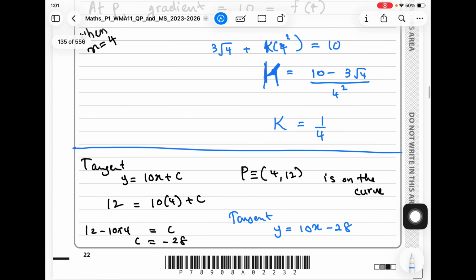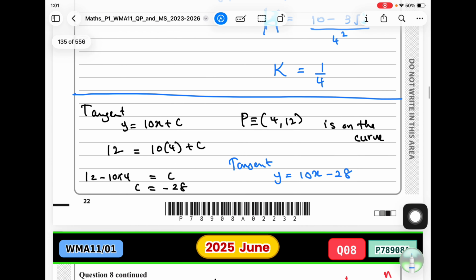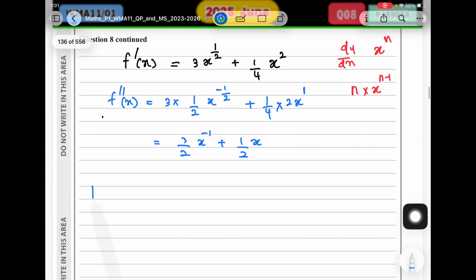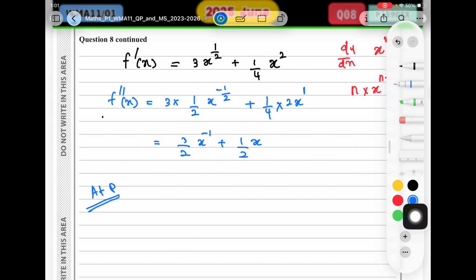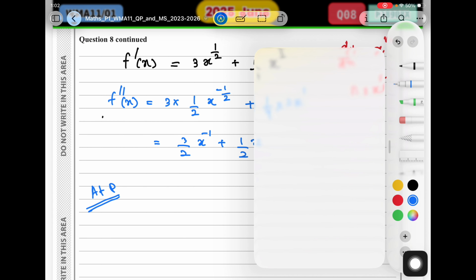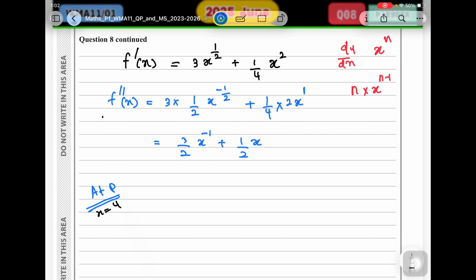And then they ask at P. What does at P mean? At P means x is going to be 4.